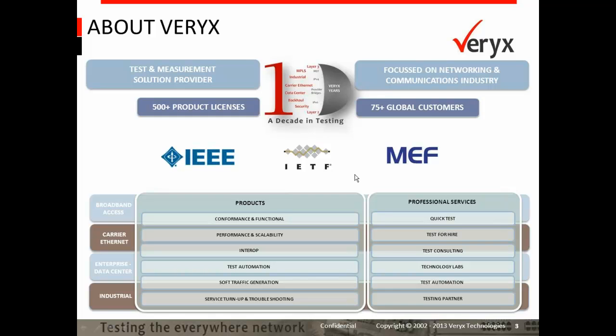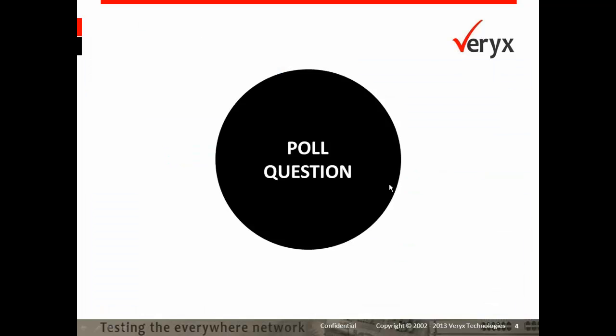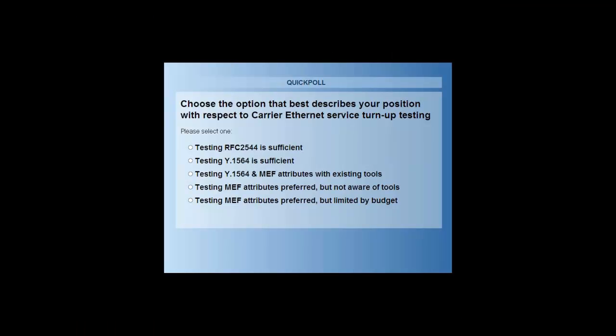Now, for the first poll of the webinar, please provide your input. In this question, we would like to understand what best describes your position with respect to carrier Ethernet service turn-up testing: which standard level do you consider sufficient to help meet your customers' need for seamless quality of service when the service is turned on.